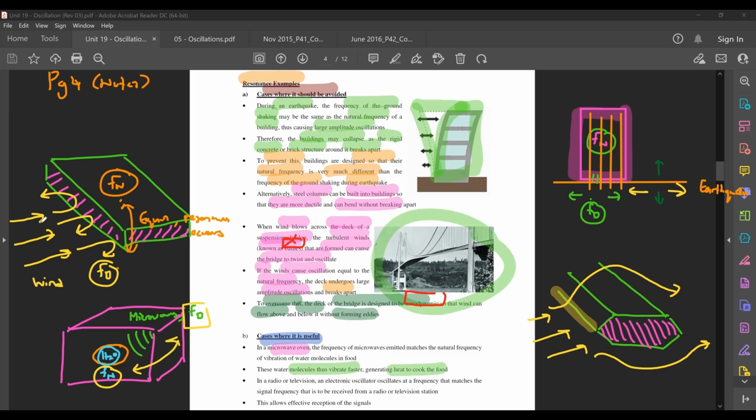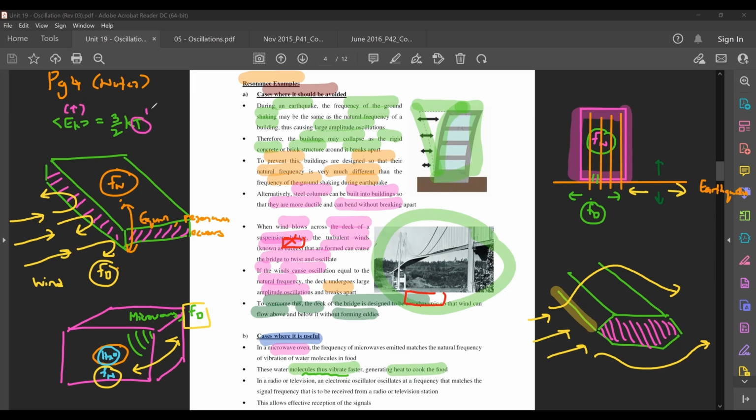If you remember the ideal gas chapter, there's a relation between kinetic energy of your molecules and temperature, right? That one was actually this one. Mean kinetic energy is actually 3/2 kT. So here, when your water molecules are forced to vibrate faster, your kinetic energy is actually increasing.